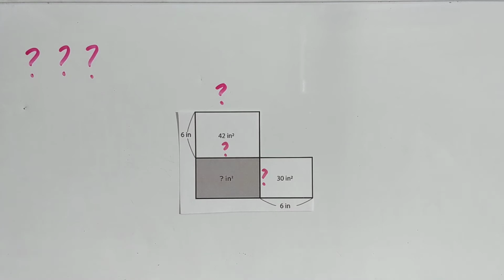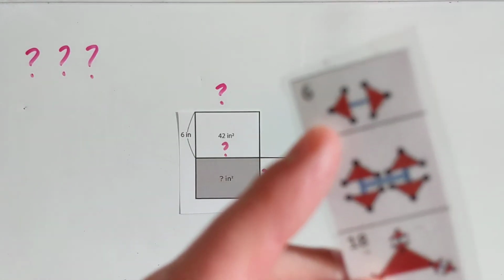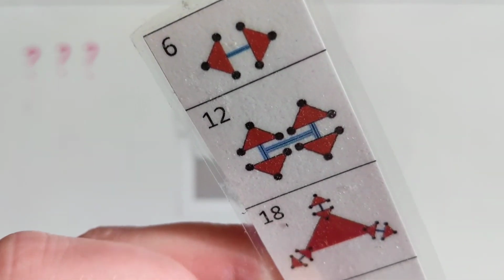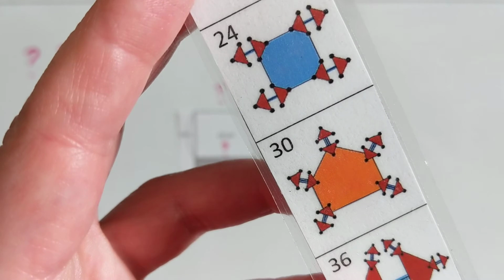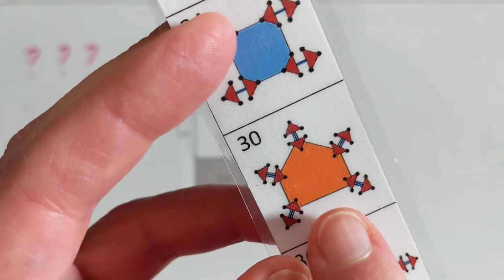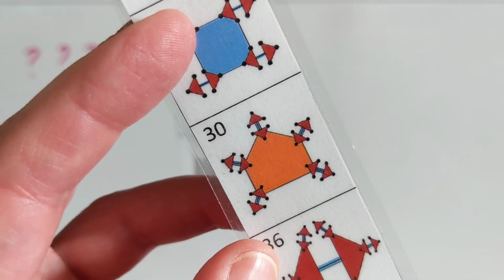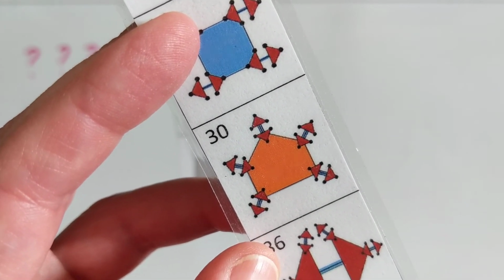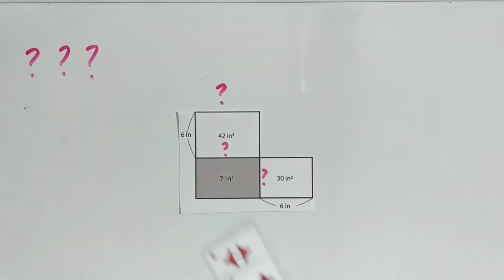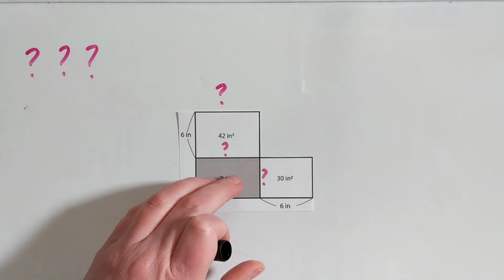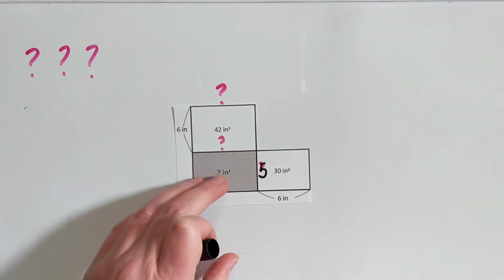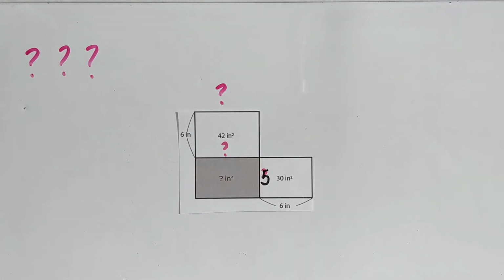I go to my 6 strip, and 6 times what gives me 30. Looking here, 5 groups of 6 gives me 30, so that other side has to be 5. I would type that into my Google Slide.